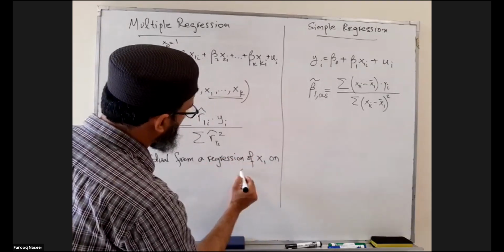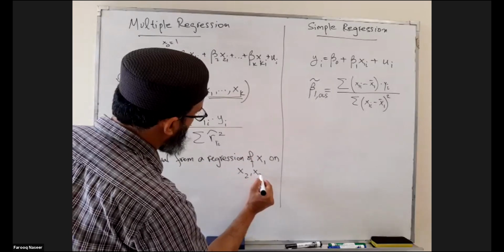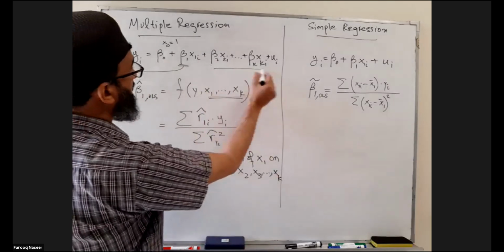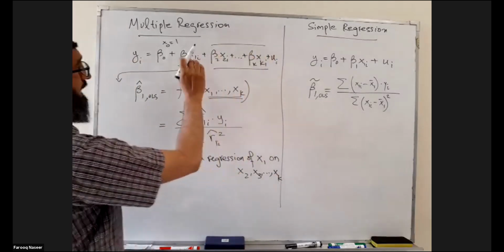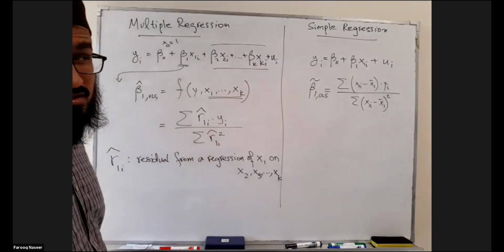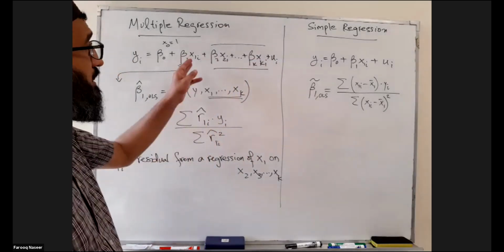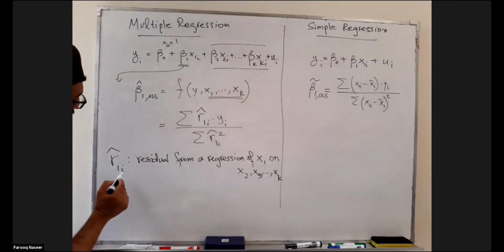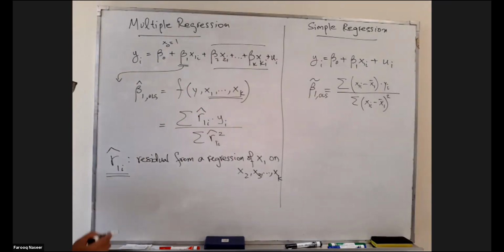If I regress x1 on x2, x3, all the way up to xk, all the other variables in my model, that's a regression I could run. I have data on all my variables. I could run that regression and obtain a residual from it.